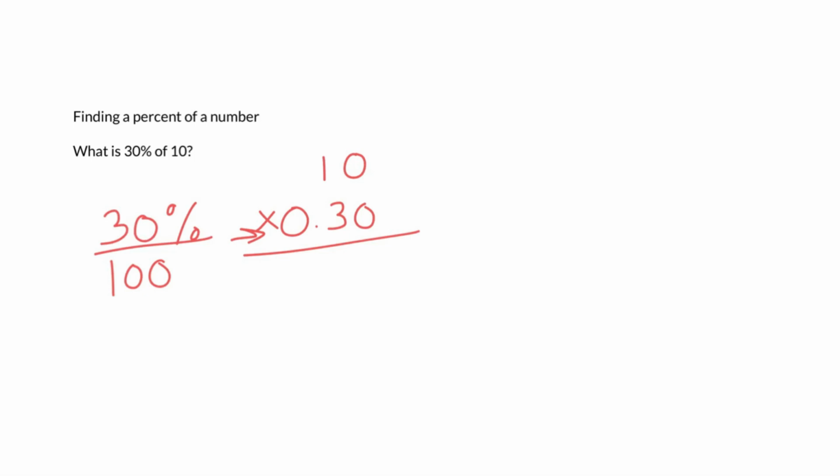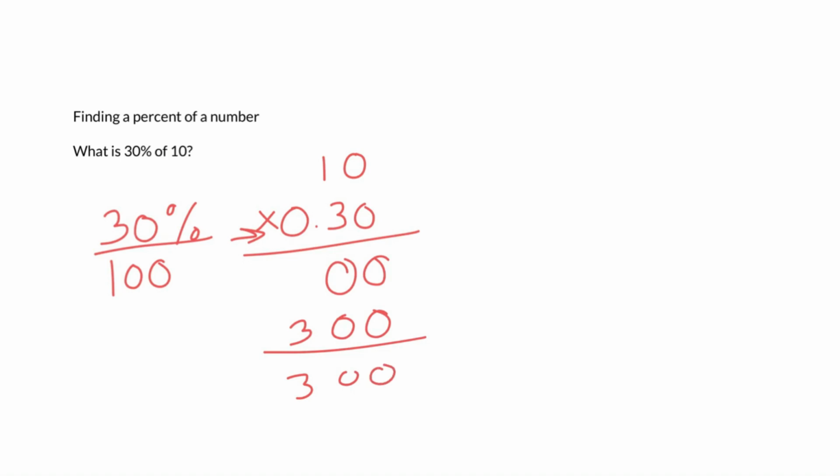So whenever we want to find a percentage, we're always going to multiply that number. We never end up dividing or anything like that. So 0 times 0 is 0. 0 times 1 is 0. We're going to add a 0 because we're moving to our next digit. 3 times 0 is 0. And 3 times 1 is 3.